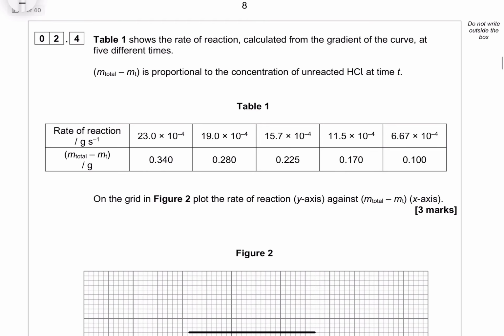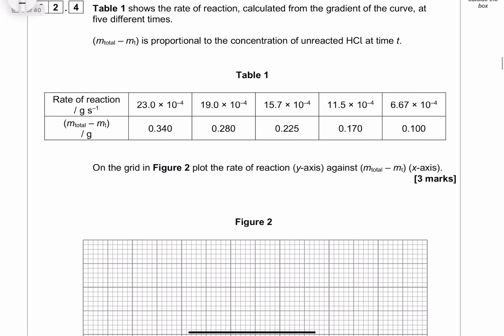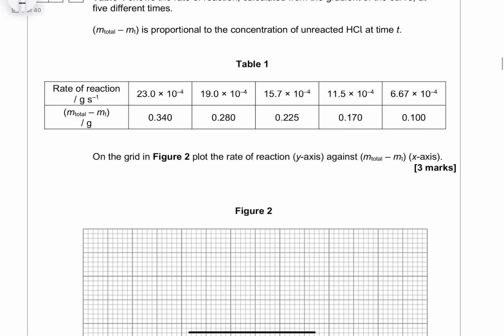Table 1 shows the rate of reaction calculated from the gradient of the curve at 5 different times. Remembering that M total minus MT is proportional to the concentration of HCl, it's essentially a concentration-time graph for HCl that we're drawing here.